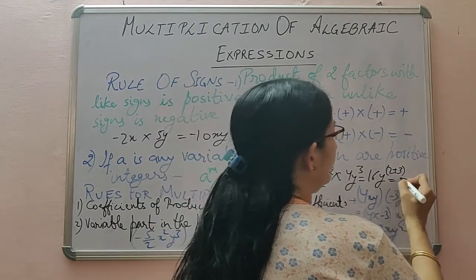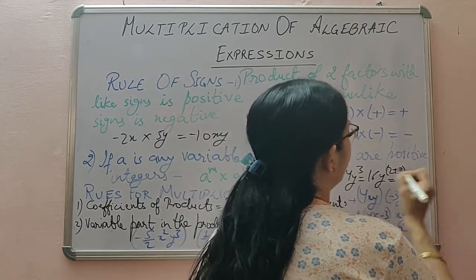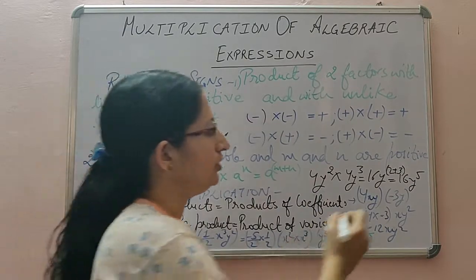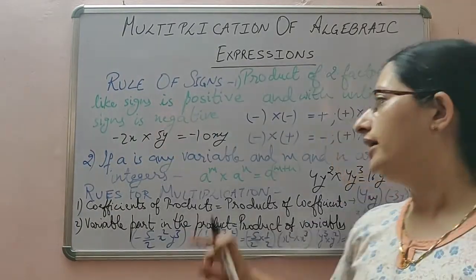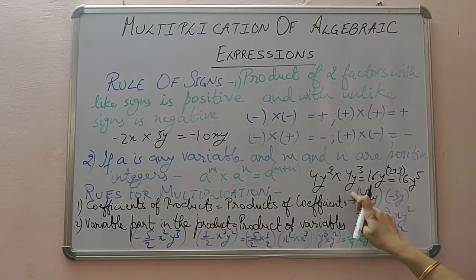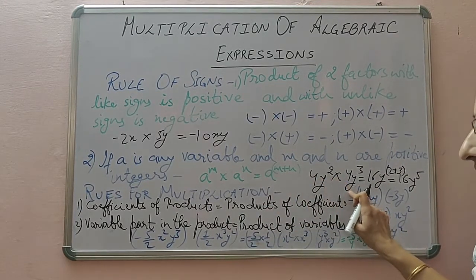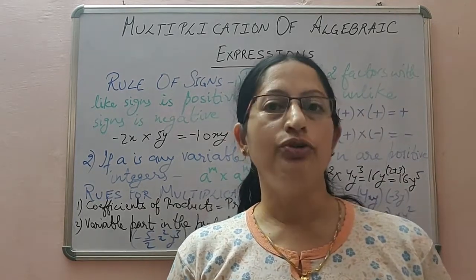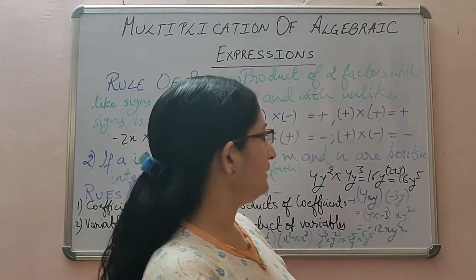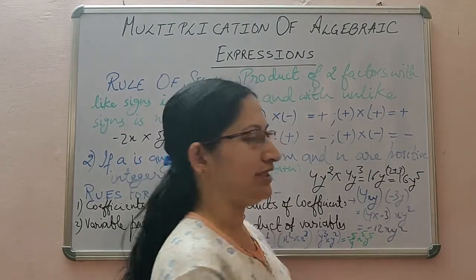So it will be equal to 16y to the power 5. So students, I hope you have understood that when variables are same and we are multiplying them, their powers will add up.